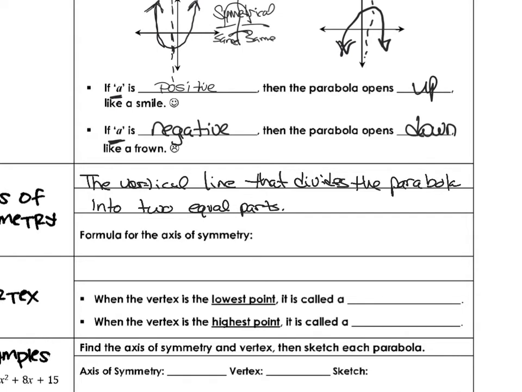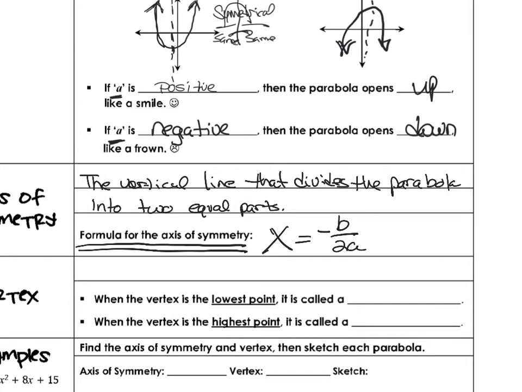Okay? All right, the formula for the axis of symmetry. This is real important. You have to memorize this. X equals negative b over 2a. So the opposite of b over 2a. Okay? X equals.